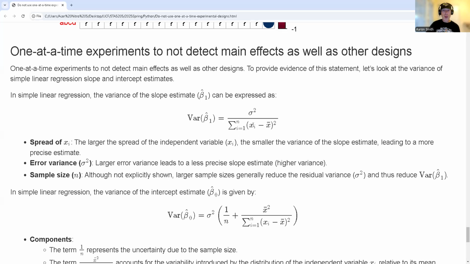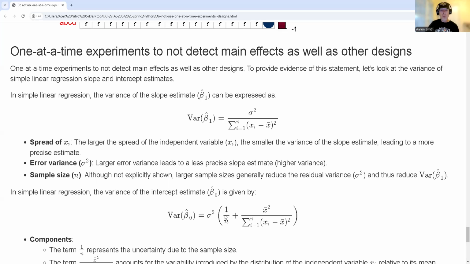Okay, and so we can see now that taking the x values and putting them as far away from each other at 2 separate points, as far away from the middle as I can, is going to improve the estimate of the slope. Well, let's take a look at the variance of the intercept.